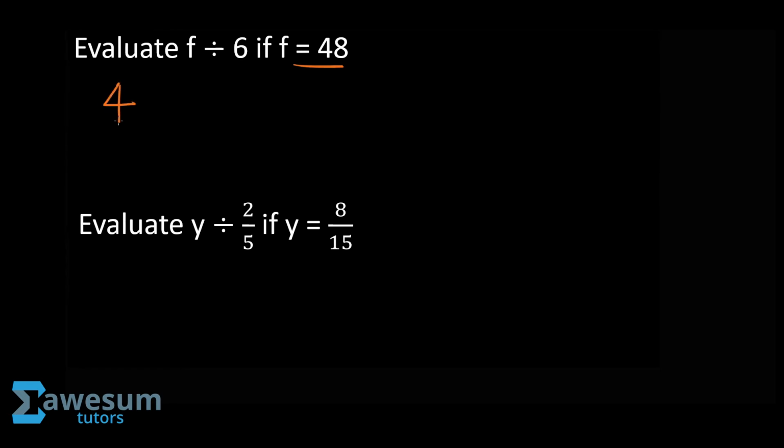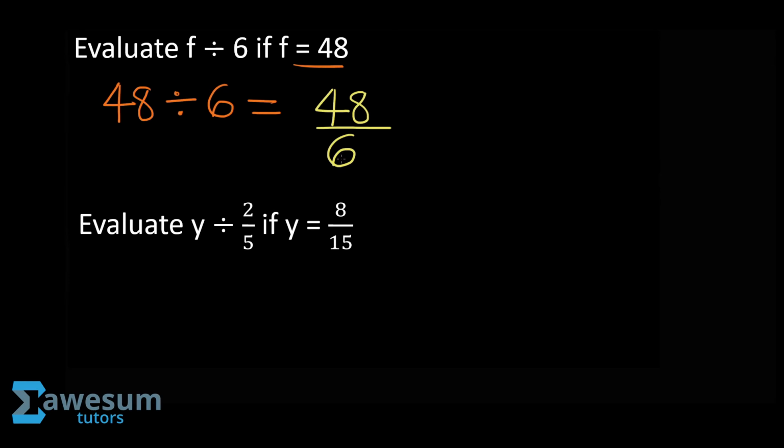That's going to be 48 divided by 6. If you take note, you realize that we can rewrite this by saying 48 over 6, because the division sign becomes over.